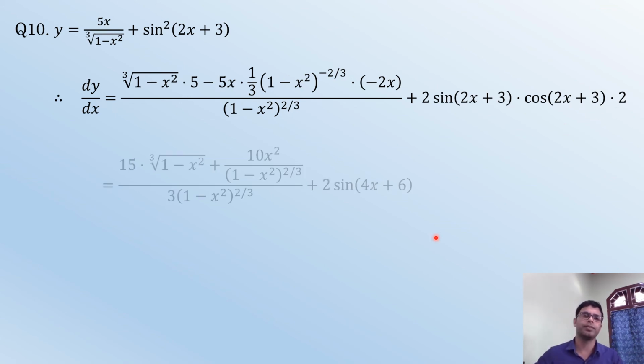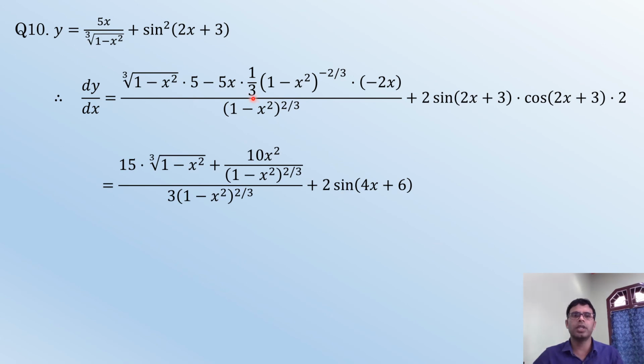Now simplify it, so taking LCM 3, which is 15, it is cube root, plus, because this minus is coming here, so plus 5 into this 2 is 10, and x into x is x square, and this negative power is written like this, and that 3 will come into the denominator like this, plus 2 times of this 2 is here, and this is 2 times sine theta into cos theta, so it is sine of 2 theta, that is sine of 2 into (2x plus 3), meaning 4x plus 6.